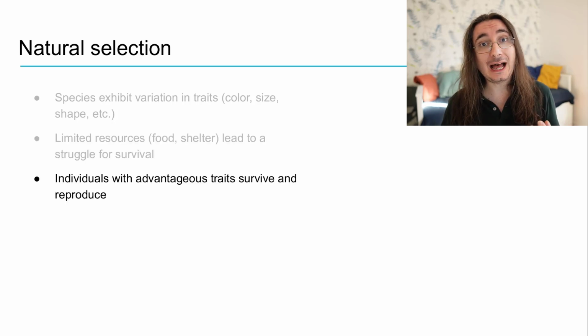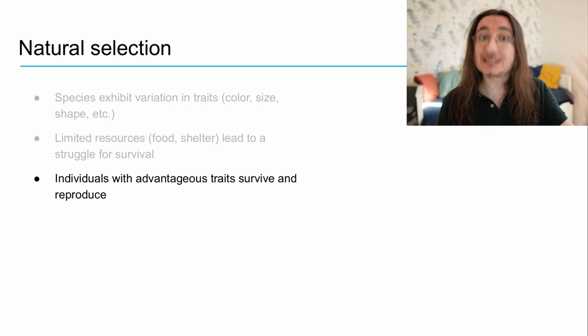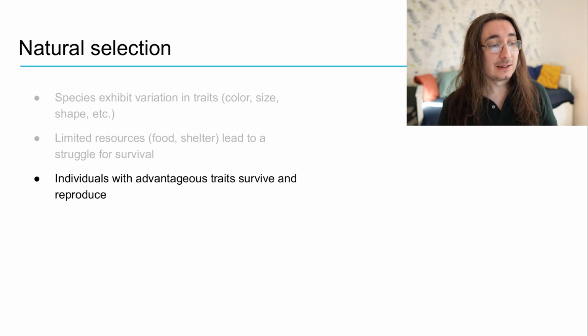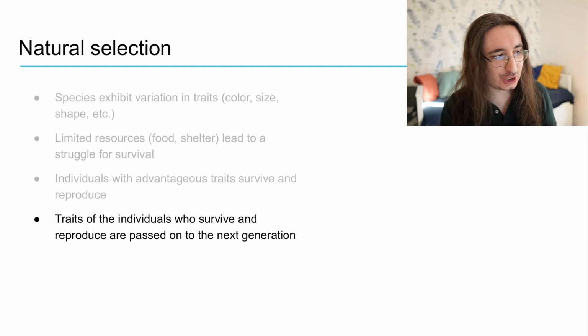Those individuals who have advantageous traits for a certain environment, in other words the fittest individuals, tend to survive and reproduce more, and when this happens, these traits get passed on to the next generations.